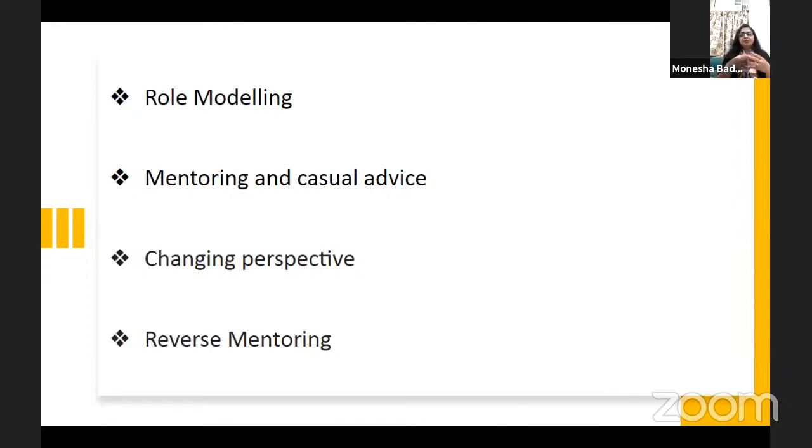Another thing is, people say, why a mentor? Why is a mentor required? I mean, anybody gives advice, right? Whoever is giving you casual advice is giving it from their own perspective of what they have understood out of life. It need not really be helpful to you. But when you have someone in the position of a mentor who is guiding you, that person has had the experience of your journey to a certain extent.